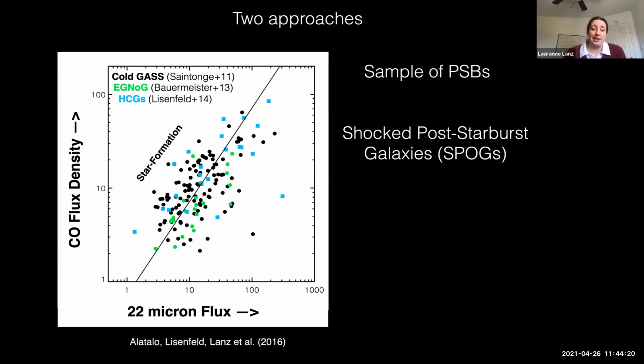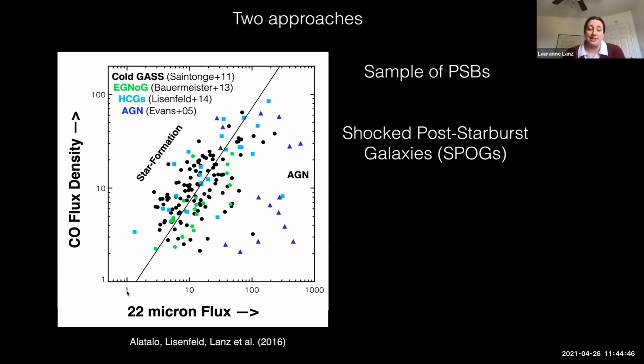So this is not those galaxies, but we had compared the CO flux density to the 22 micron flux, because for star forming galaxies like the ones from these 3 samples, there's a correlation between these 2 fluxes. And this makes sense. Gas and star formation rate correlate. This is effectively just a restatement of the Kennicutt-Schmidt relation of roughly constant star formation efficiency.